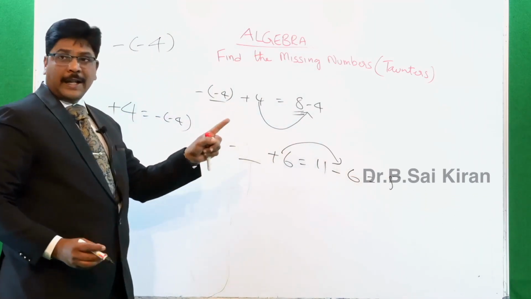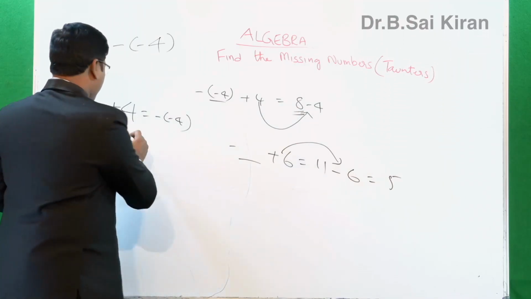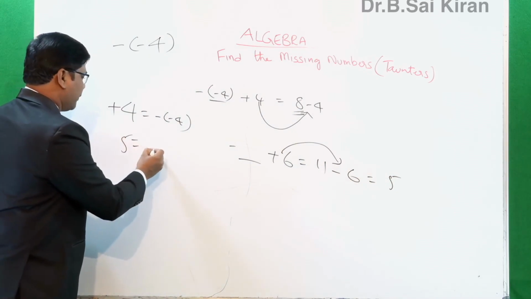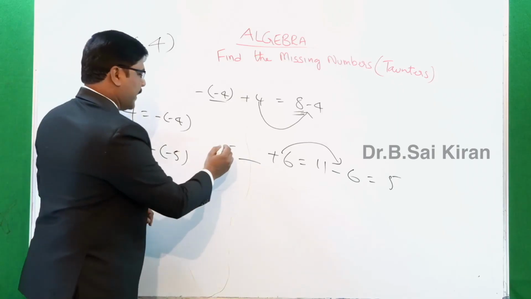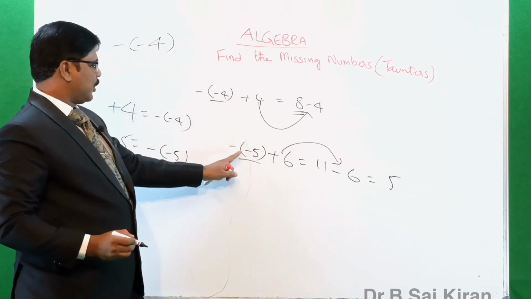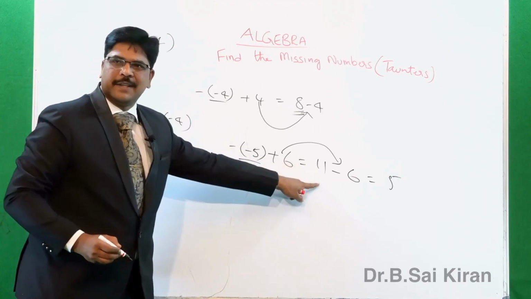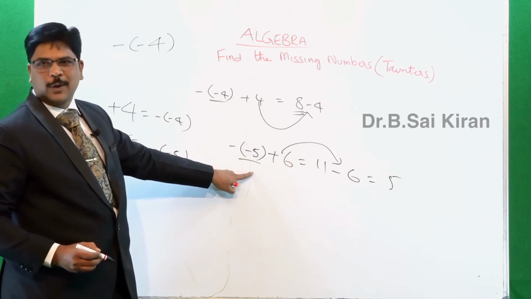How do you write 5 in minus terms? Still it should be plus. So 5 is equal to minus of minus 5. Already you have a minus symbol here, right? So we write minus of minus 5, so it will become plus 5, right? So 5 plus 6 equals 11. So here the answer is minus of minus 5. These are called the taunters, all right?